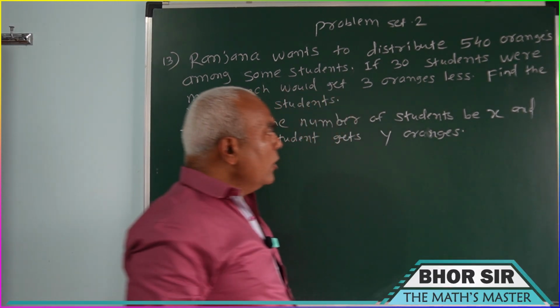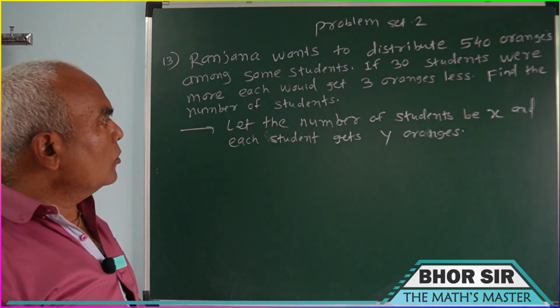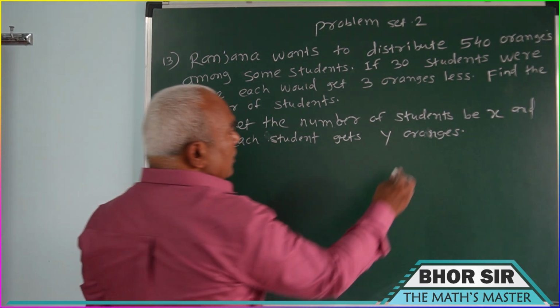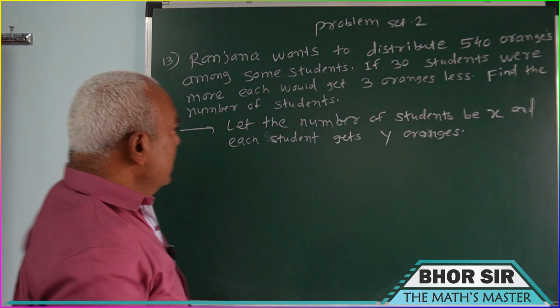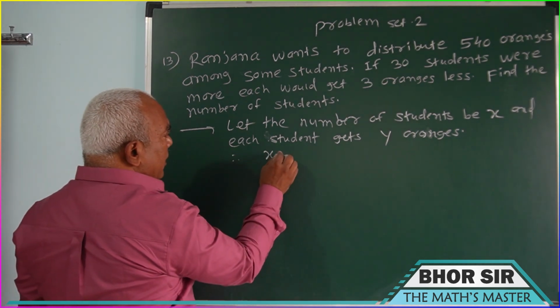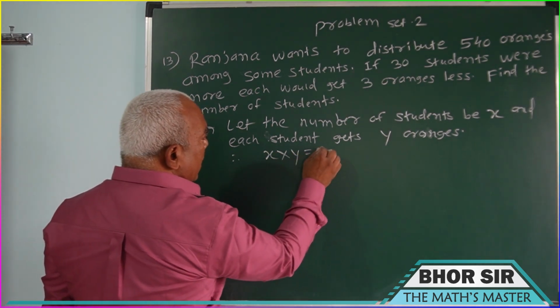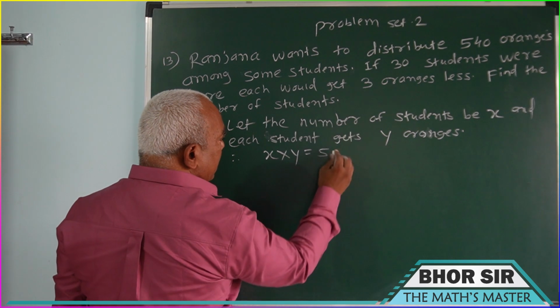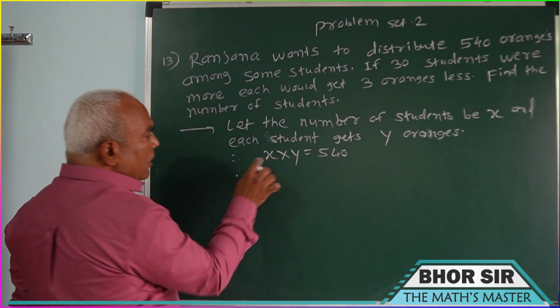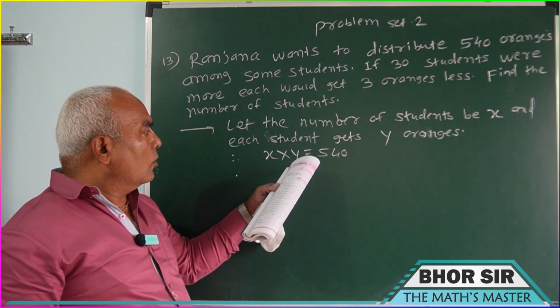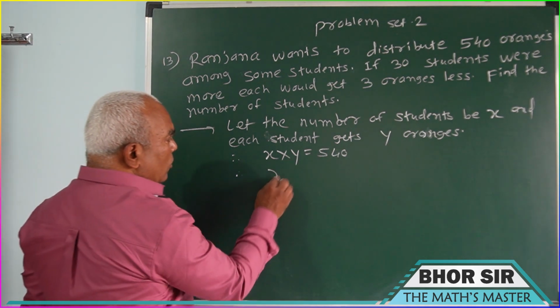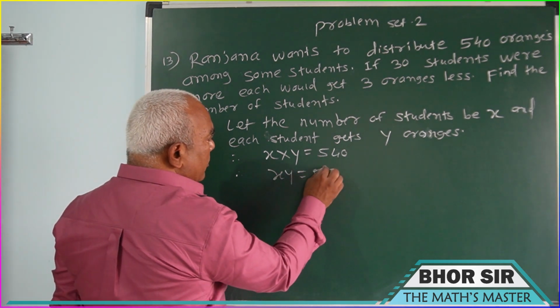Number of students is x, and each student gets y oranges. Therefore, x into y is equal to 540, because number of students multiplied by oranges got by each student gives the total oranges, xy, 540.